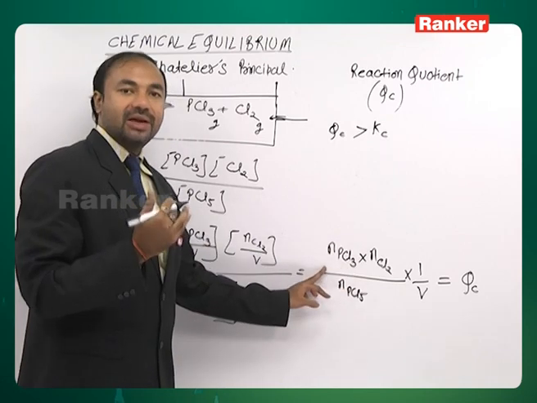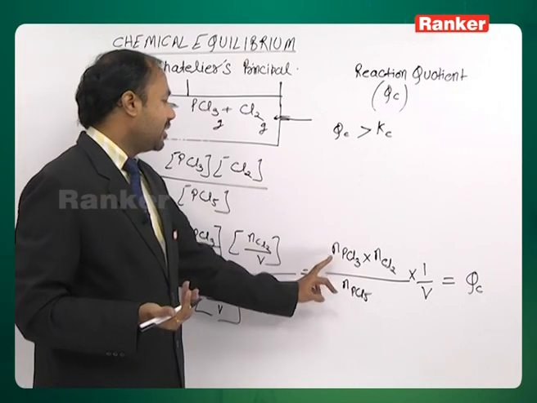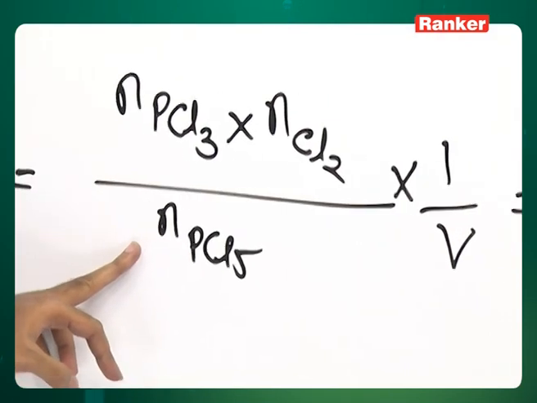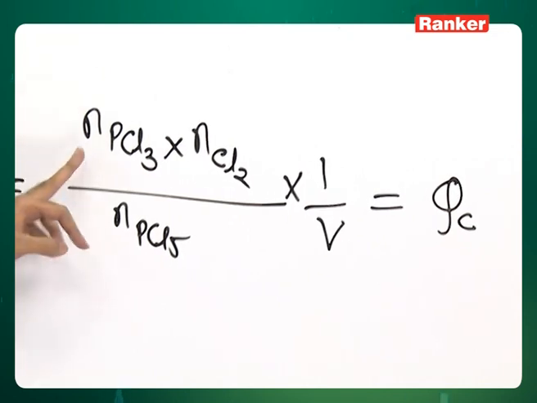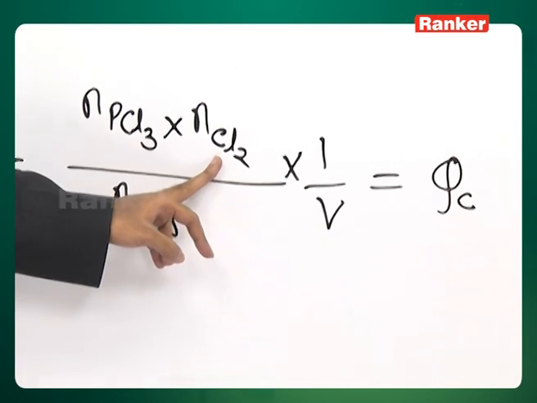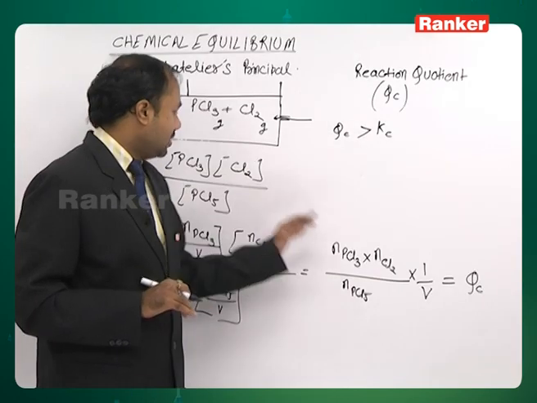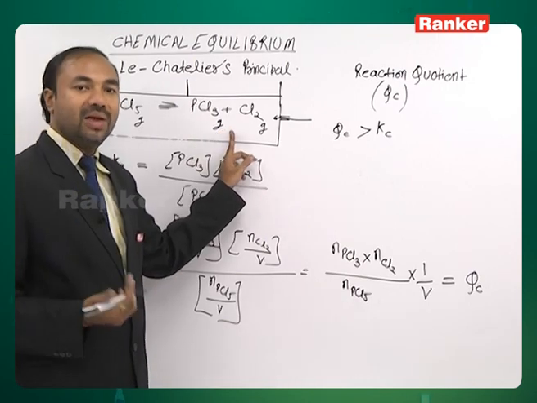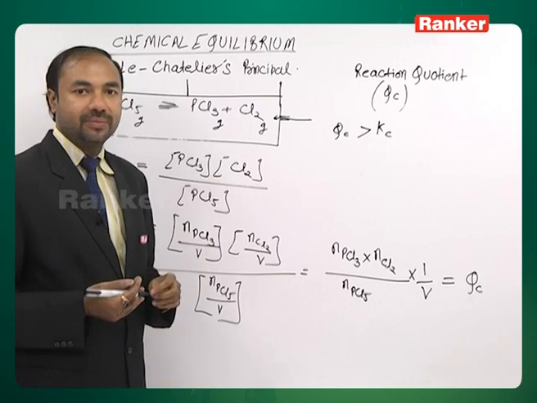To bring this ratio back to Kc, what should happen? The denominator should increase while the numerator should decrease. If the numerator has to decrease, the number of moles of PCl3 and Cl2 should decrease while the number of moles of PCl5 should increase. For doing so, that's quite obvious, equilibrium will have to shift in the backward direction. Got it?